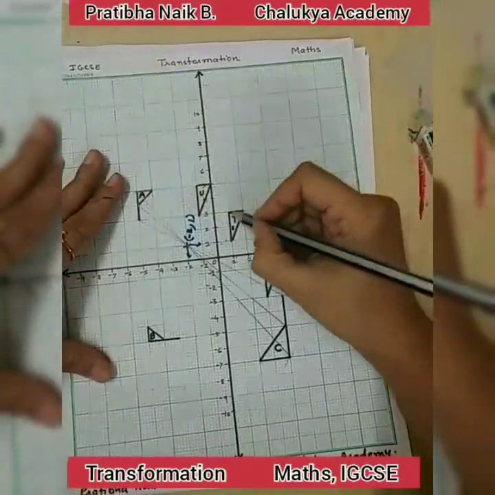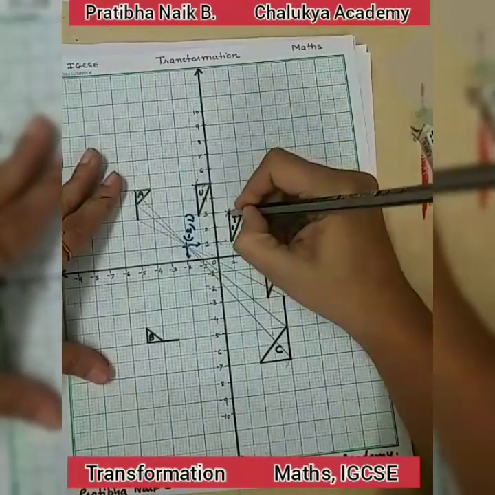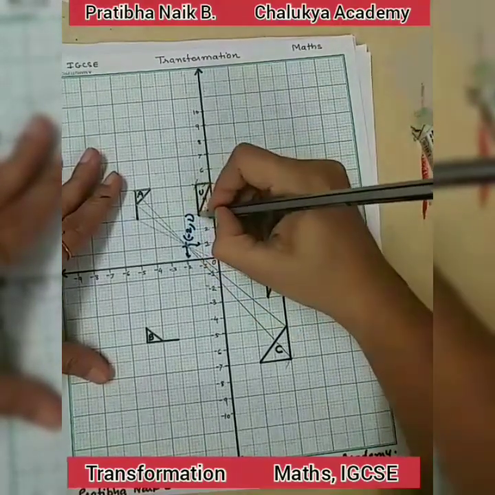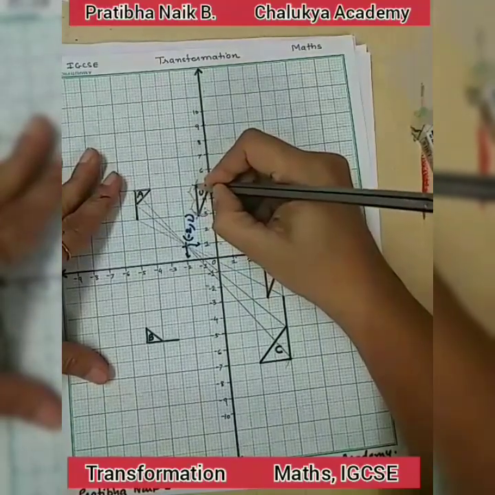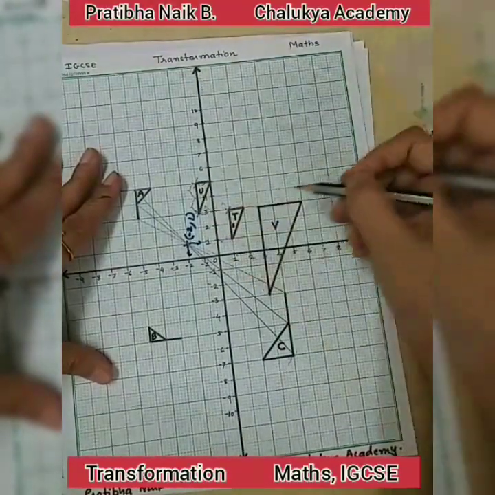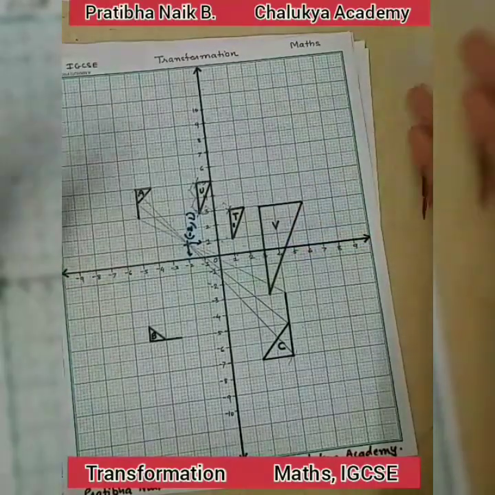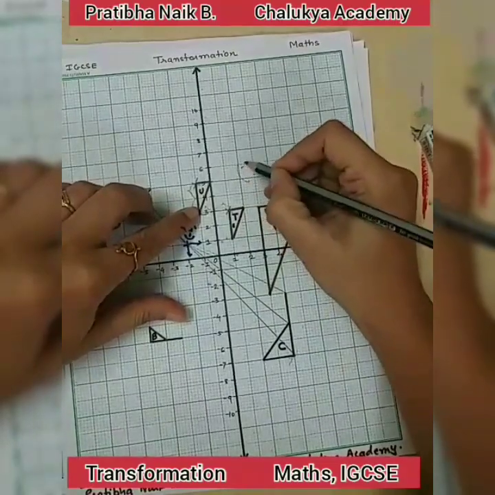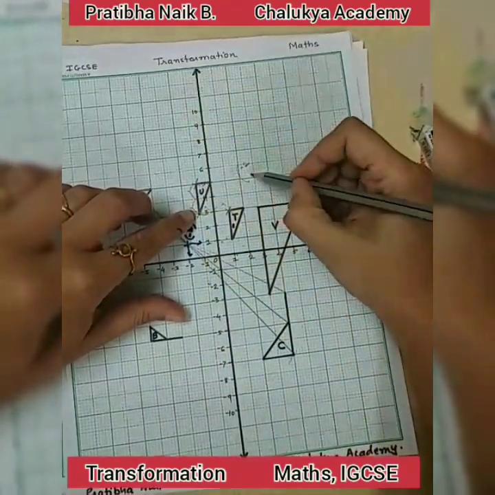So let's take this and this corresponding point. You can see this corresponding point is moving 2 units towards the left, it is reaching over here, and then 2 units upwards. Here we are moving towards the left side, so it is -2, and along the y-axis we are moving upward, that means it is 2.